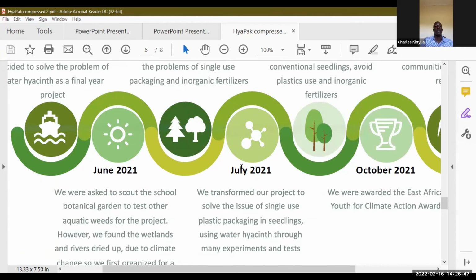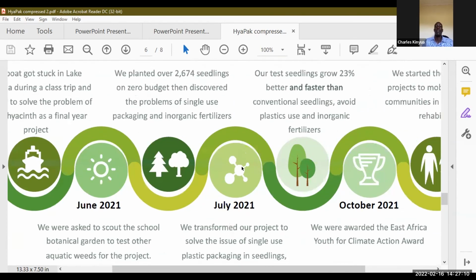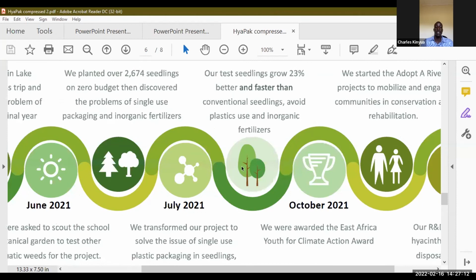That transformed our project from solving the problem of plastic waste, tackling single-use plastics, to using water hyacinths to make these Hyapacks, the seedling papers that are used to plant our trees. So we started our development towards that, and we came up with our project.